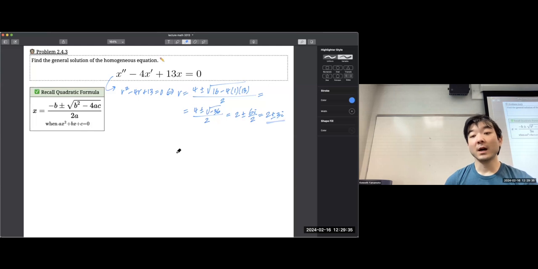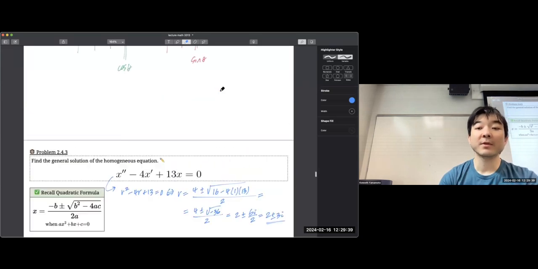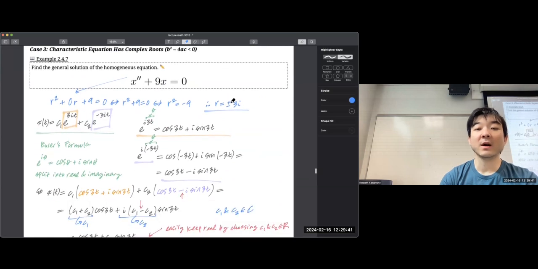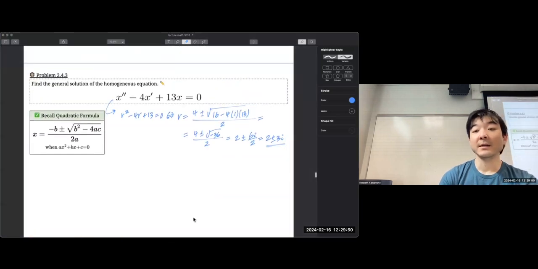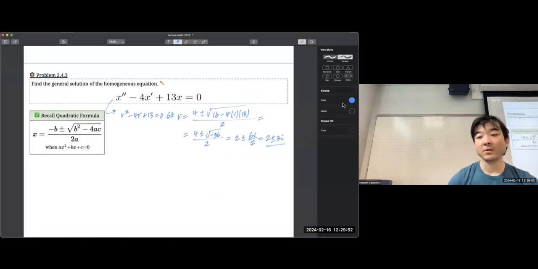There are 2 complex roots, but what's different about this one compared to the previous one is that previously r was equal to plus or minus 3i. It was all pure imaginary, but now we have a real part, a 2. That changes it a little bit, but not dramatically, though it does give you an extra factor.